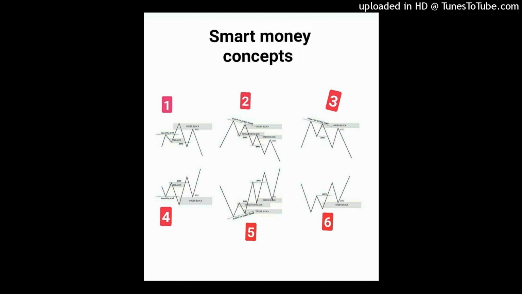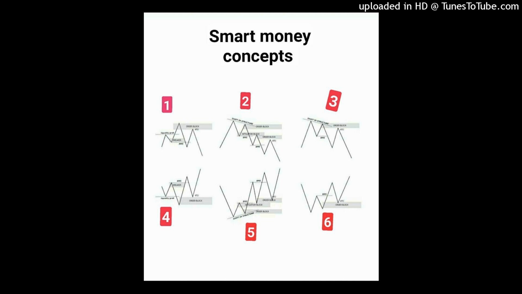So I'll show you. We'll start with this big impulse here. In this impulse, we can see that London are trying to sell, whereas New York are buying.